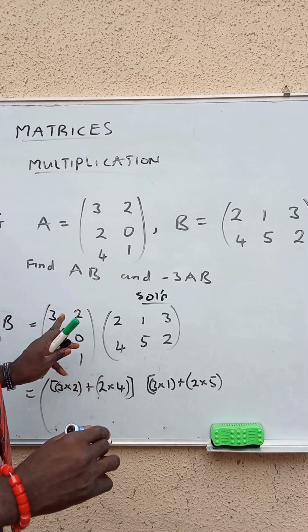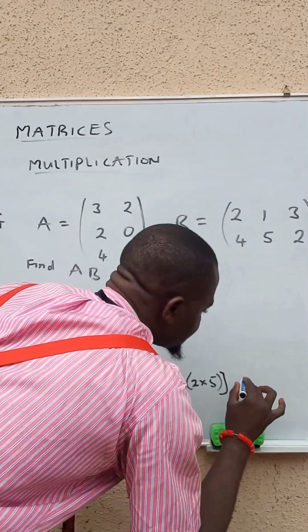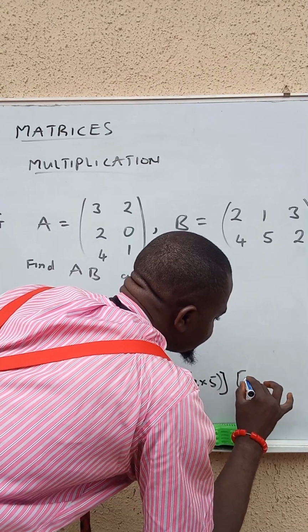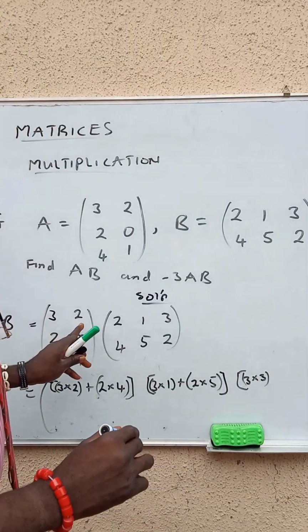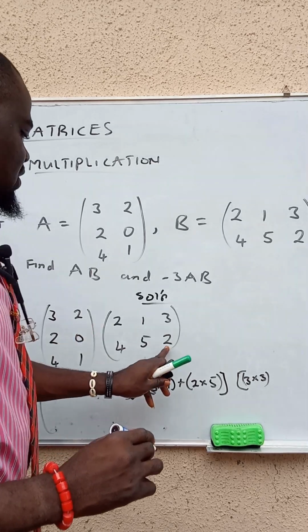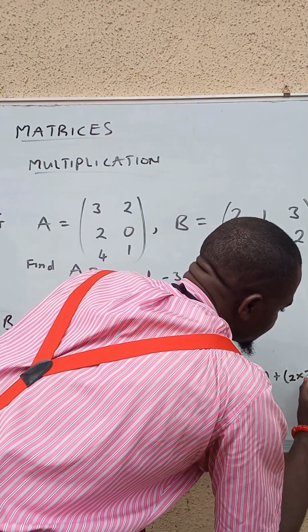Now you move to another, 3 times 3. You shift. 3 times 3, then 2 times 2 plus 2 times 2.